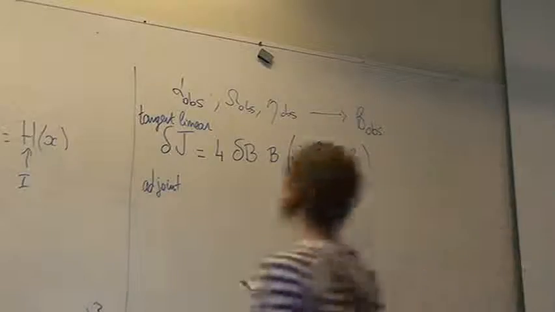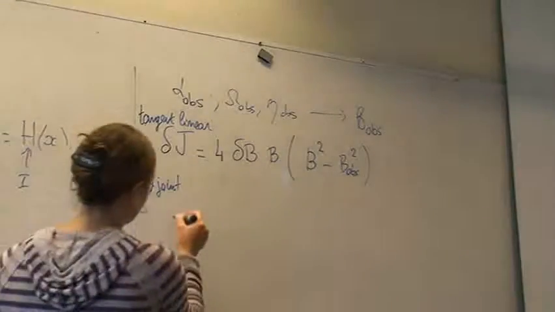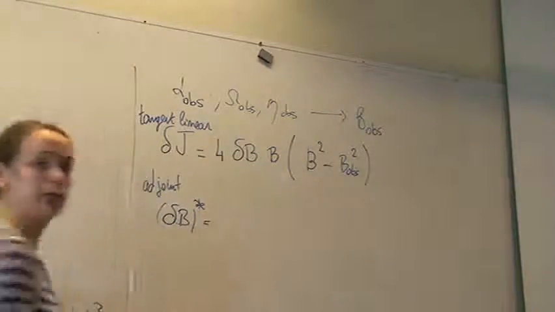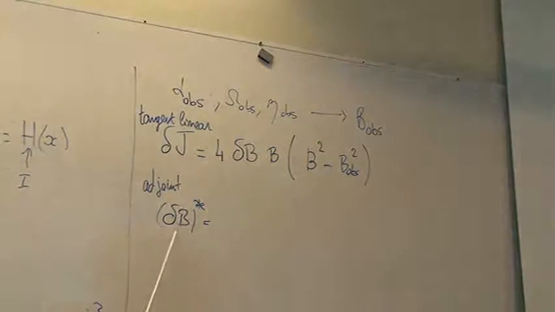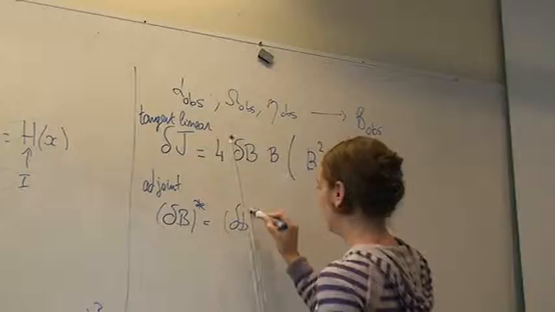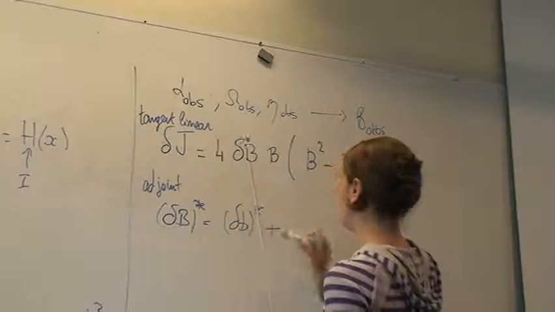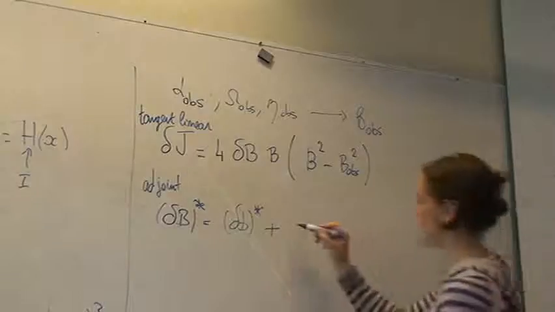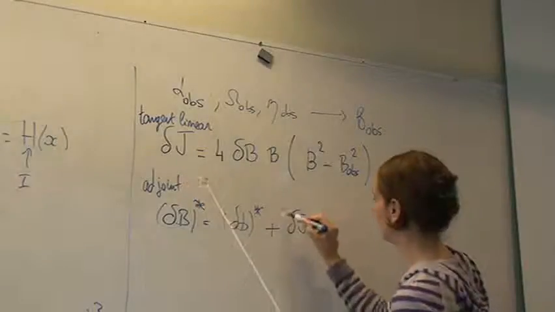So what we have to write here will be delta B star now. The adjoint variable is delta B star. You always have this plus capital B delta J, capital B.